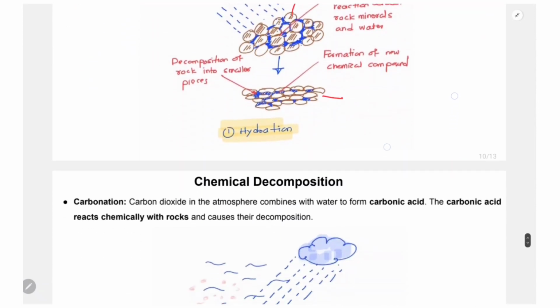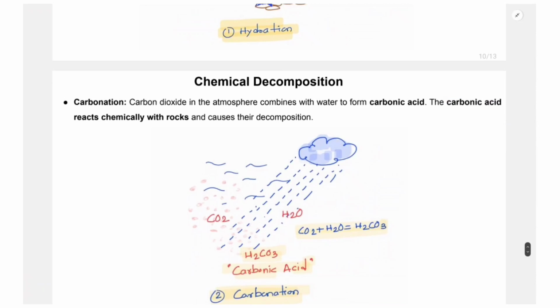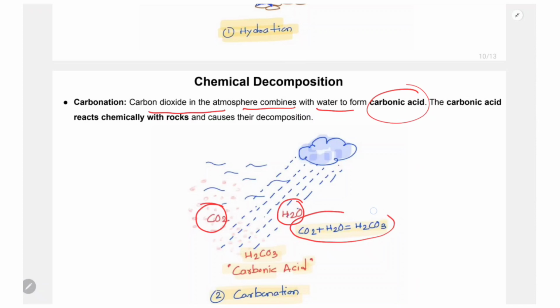The second one is carbonation. Carbon dioxide in the atmosphere combines with water and forms acid. So this is CO2 and this is water, and when they combine, carbonic acid forms, and this carbonic acid is responsible for chemical decomposition of rock.